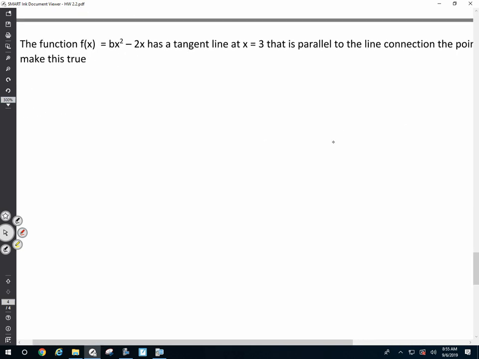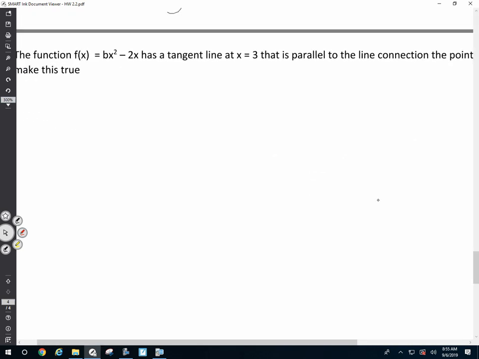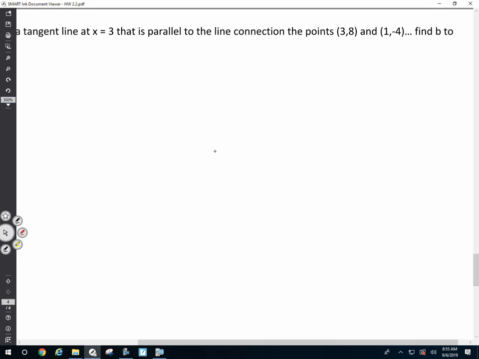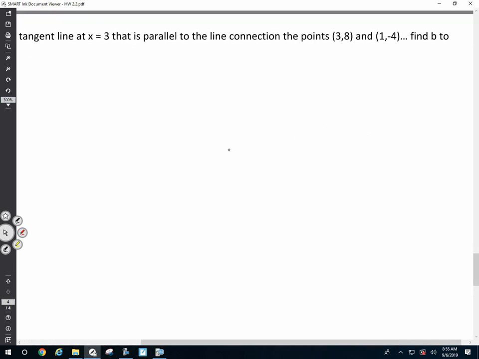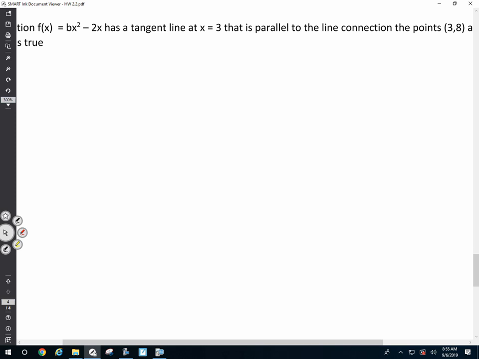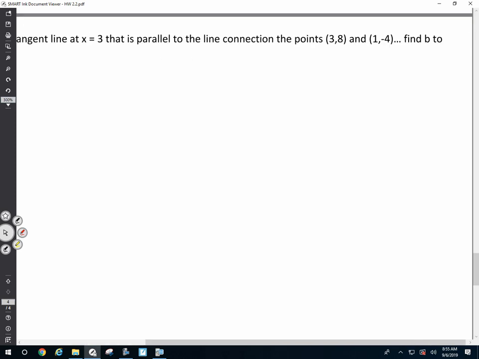All right, the function bx squared minus 2x has a tangent line at x equals 3 that is parallel to the line connecting the points 3, 8, and 1, negative 4. Find b to make this true. All right, well, this function has a tangent line at 3 that is parallel to this line. So let's just write that down.